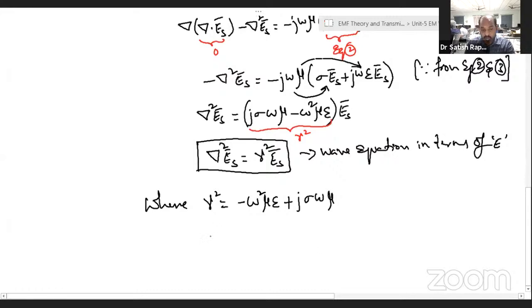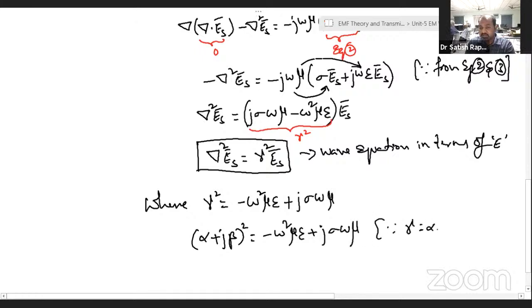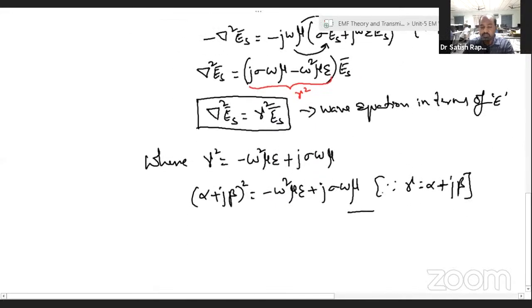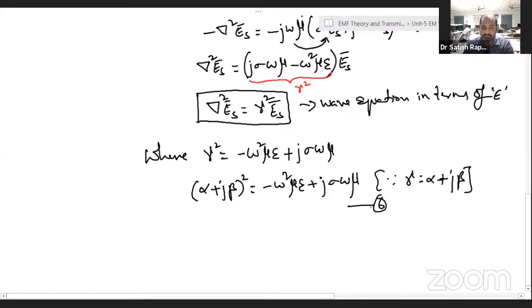And alpha plus j beta whole square is equal to minus omega square mu epsilon plus j sigma omega mu, since gamma is equal to alpha plus j beta. Let us say this is equation 6, because equation 6 we will use later.